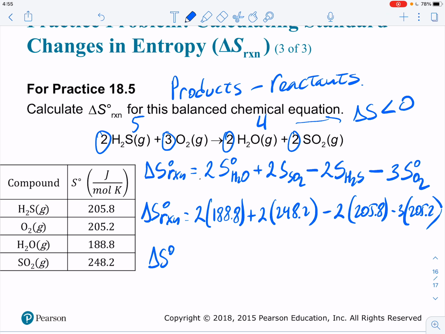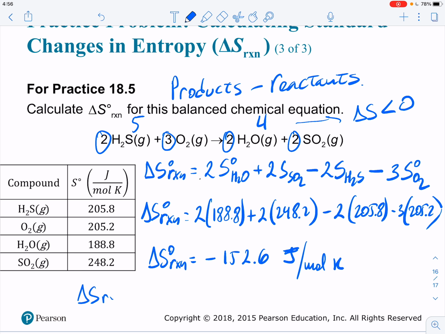So your change in entropy for the reaction, given the information that you had, is minus 152.6 joules per mole Kelvin. Okay? So it's negative.